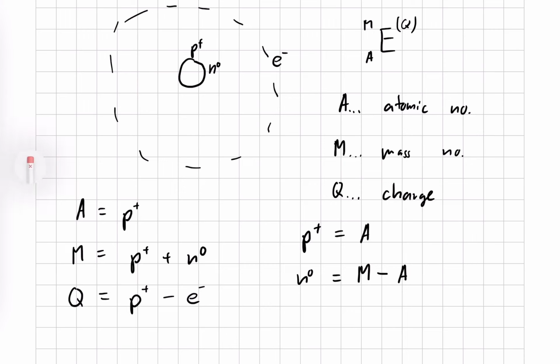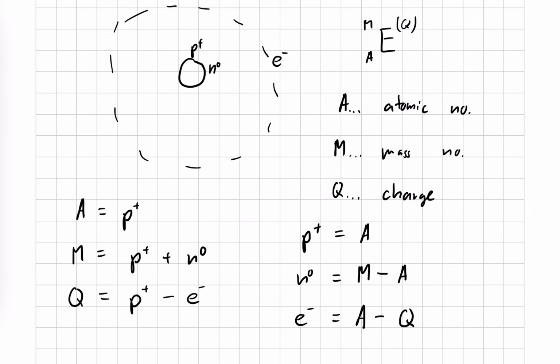And you can express the number of electrons as the atomic number minus the charge.